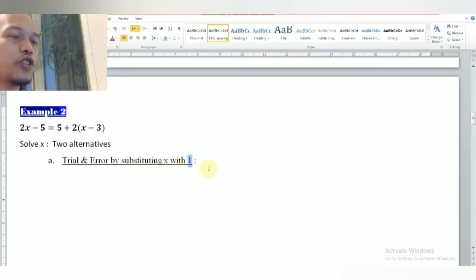Okay, so I will check 1. Is 1 a possible solution for your equation here? So you just substitute it. I will substitute x by 1, so it becomes 2 times 1 minus 5 equals 5 plus 2 times 1 minus 3.